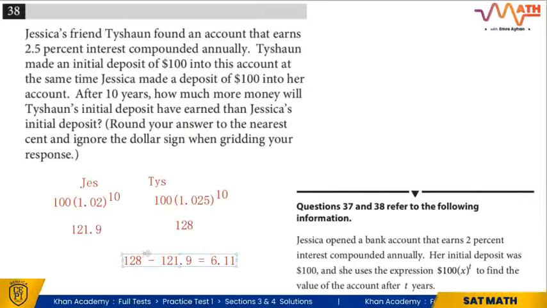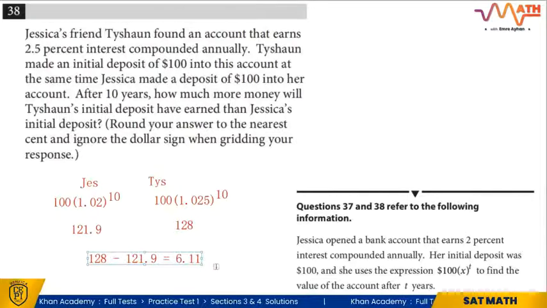Yes, the difference between them is going to be close to this number when you round to the cents, 6.11.